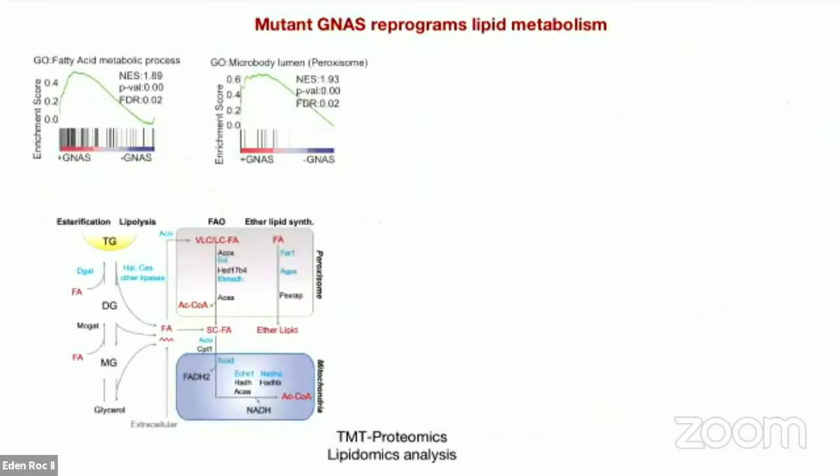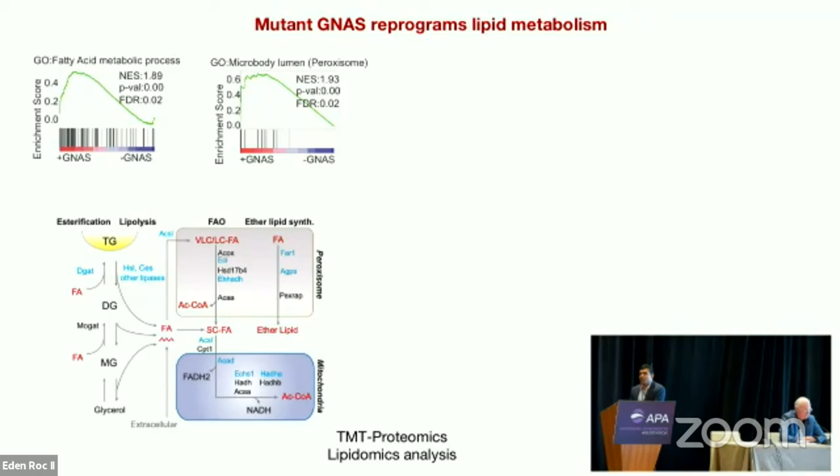Then we also know that, although signaling is the engine, you need a fuel to drive the car. So we analyzed our proteomics data, and we found an enrichment of fatty acid metabolism, which happens in both the mitochondria and the peroxisome, highly enriched in the GNAS activated condition.